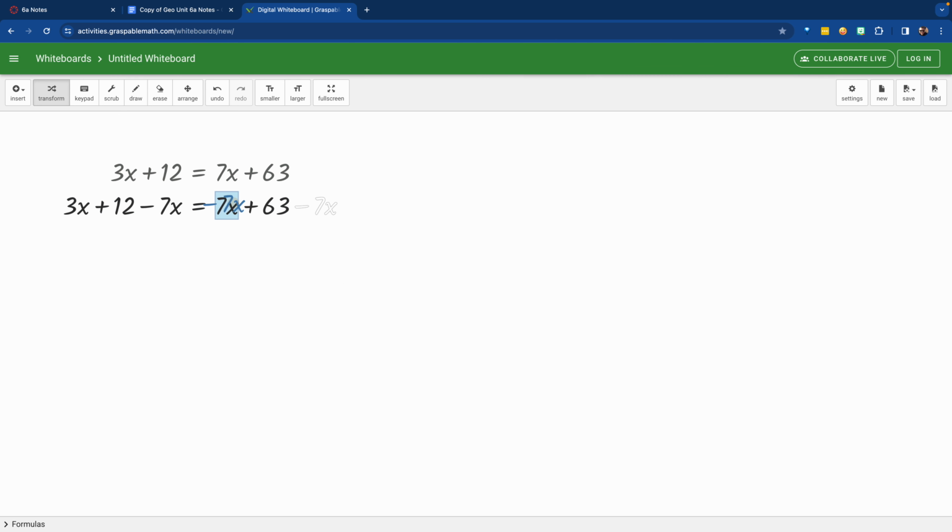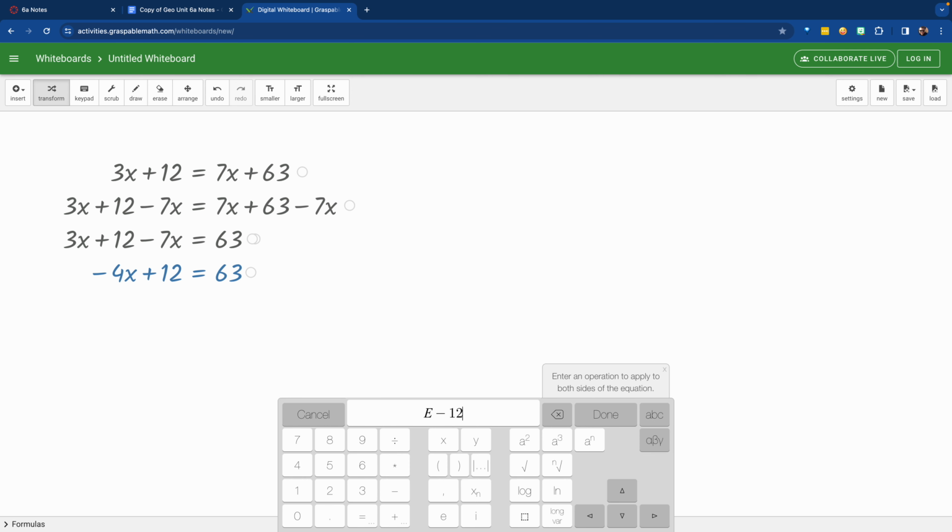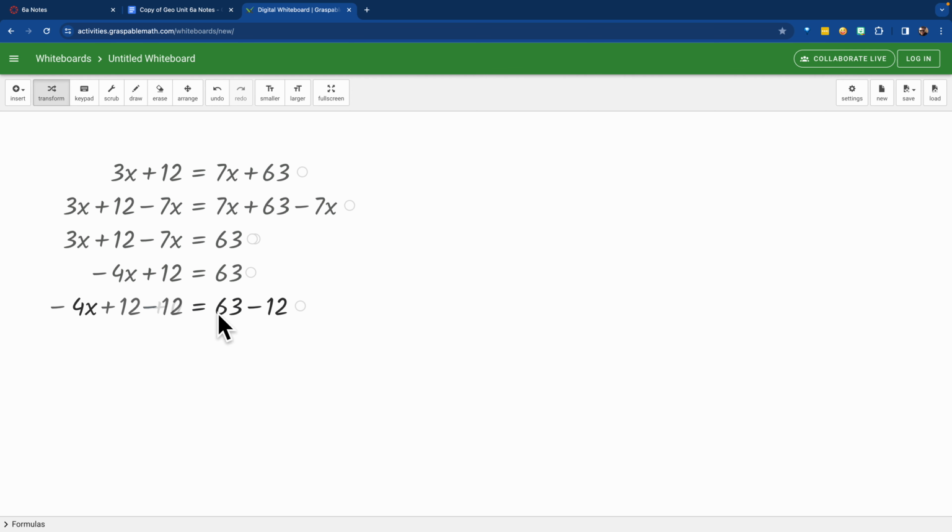So the 7x's make a 0, and the minus 7x and the 3x makes a negative 4x. And then we minus 12 to both sides as well. And that's how we're getting the negative 4x equals 51. So we still have a lot of algebra going on.